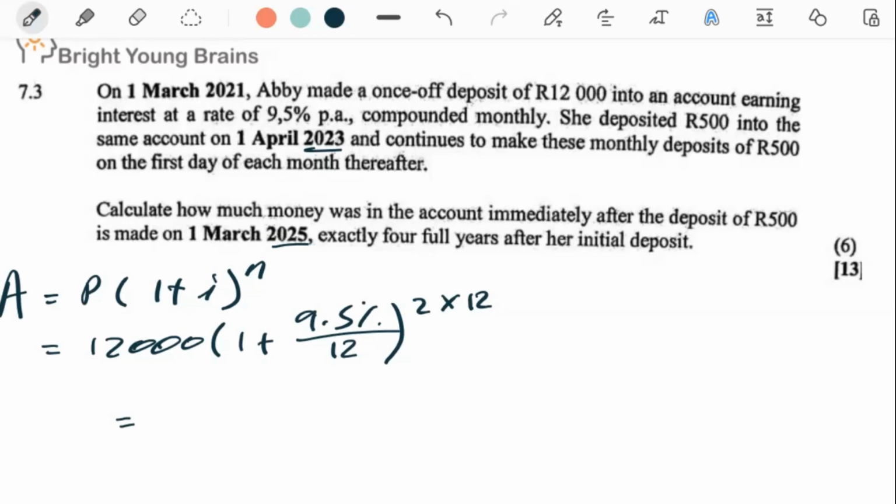So this is giving us 14,500.14 if you round it off to two decimal places. So this is how much she had before she started making monthly installments.